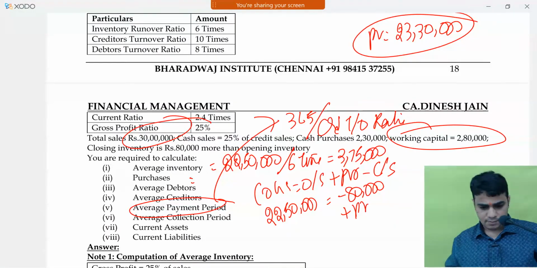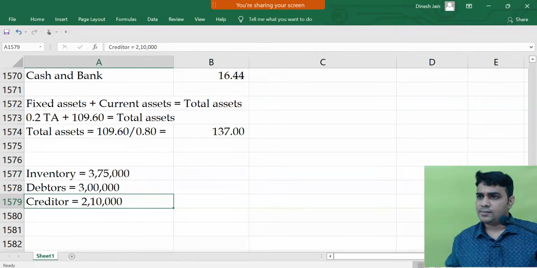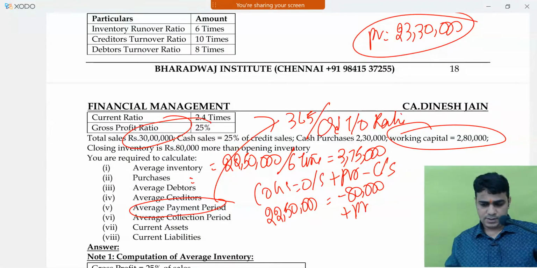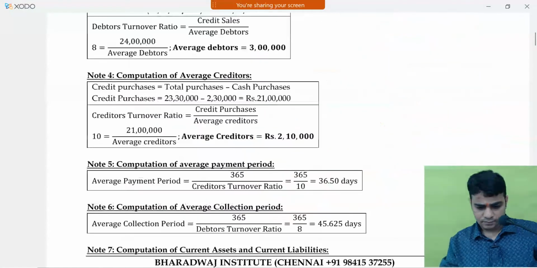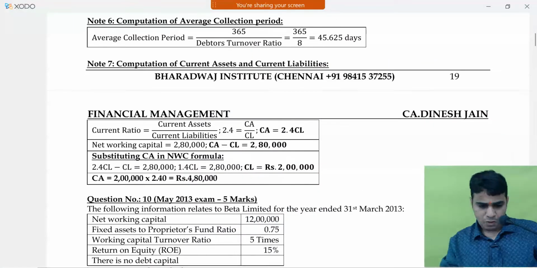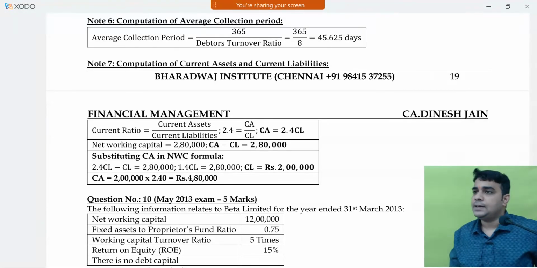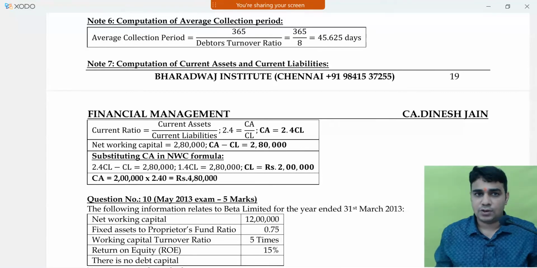Something wrong then. Is the creditor 2 lakh 10? Yes, sir. Okay. Technically there is some issue with the question then, because my current liability is turning out to be 2 lakh, which is not possible.